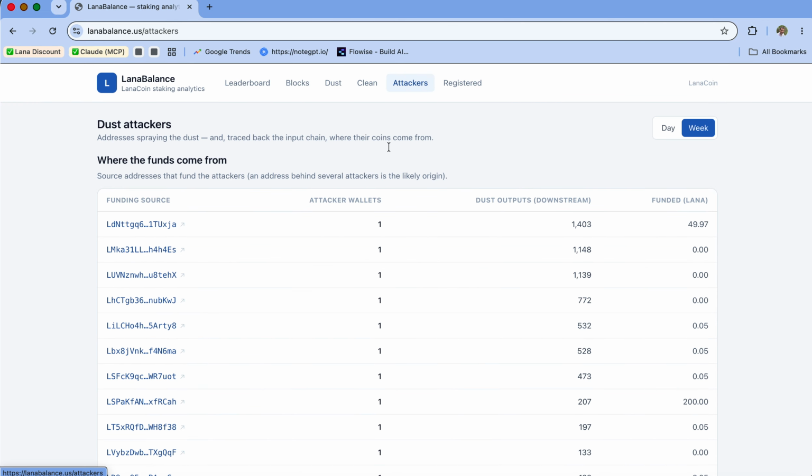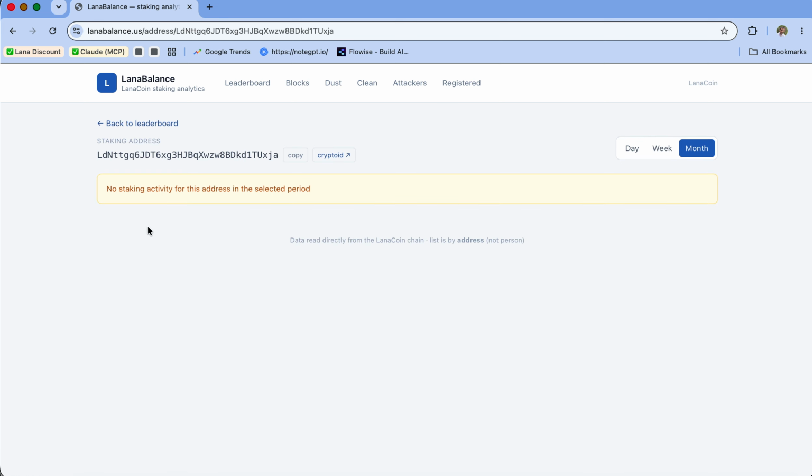Now, here are the attackers. From these wallets have literally been sent the outputs. Now you will not see that on Chainsaw because of the dust transactions. These transactions are so small that Chainsaw is not showing them. You can see they literally did it, and these wallets have no staking activity.